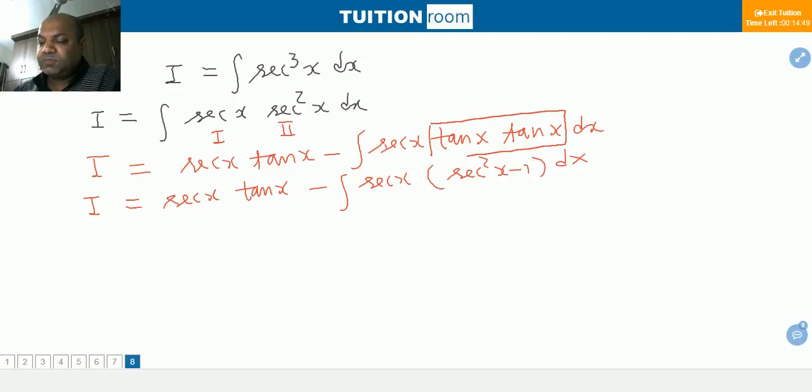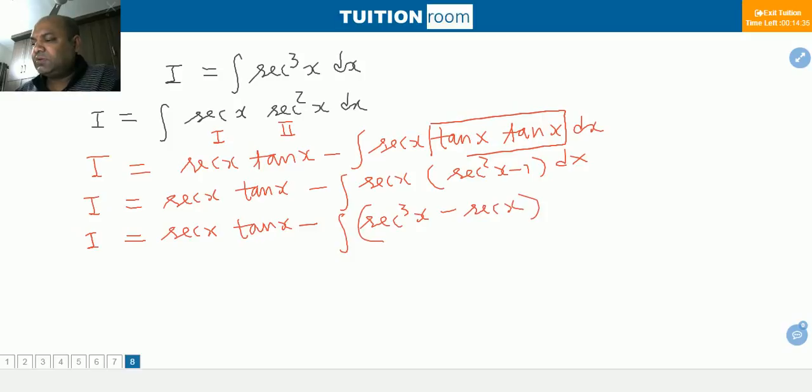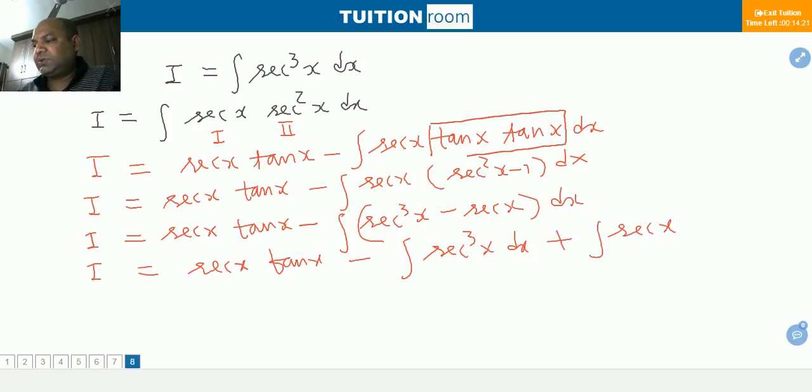We'll get 2I equals sec x into tan x plus integral of this, which will be log base e mod of sec x plus tan x. Now this is 2I. What will be I? It will be half of this: sec x into tan x plus log base e mod of sec x plus tan x plus some constant c.